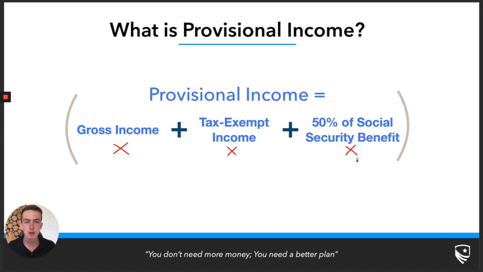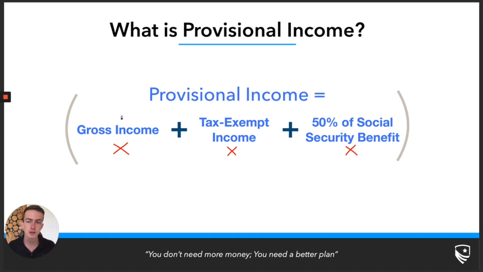In layman's terms, the higher your provisional income is, the more of your Social Security benefit is going to be taxed. And here's a secret when we talk about Social Security taxation and creating a tax-efficient income throughout your retirement. You have a set amount of income that you need in retirement. The more of that income that you have coming from Social Security, the lower your provisional income will be, because everything else is counted dollar for dollar.